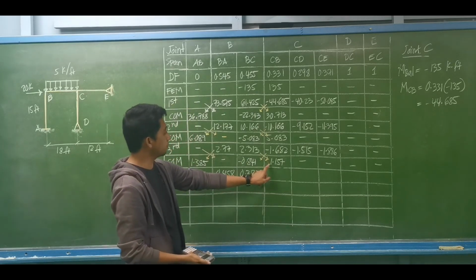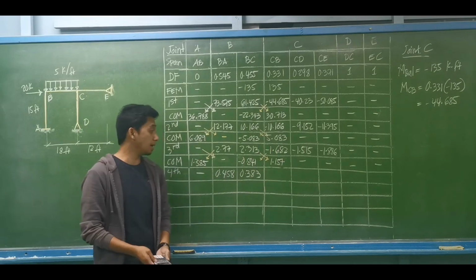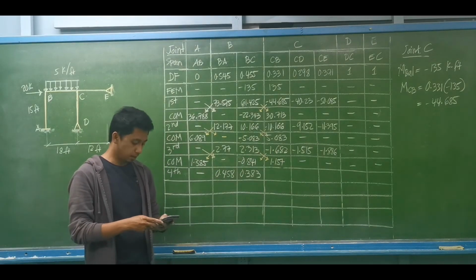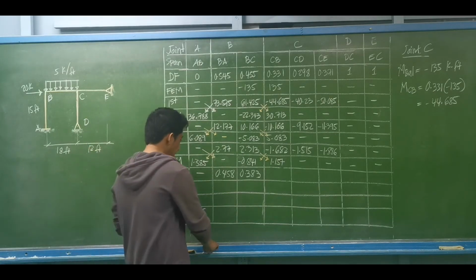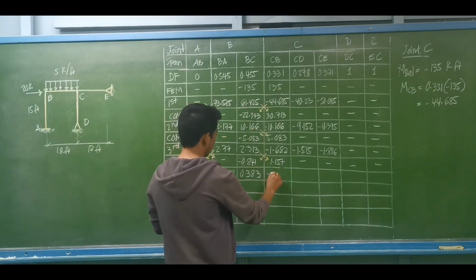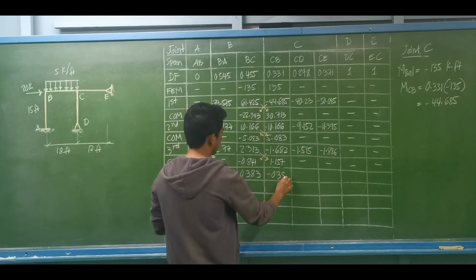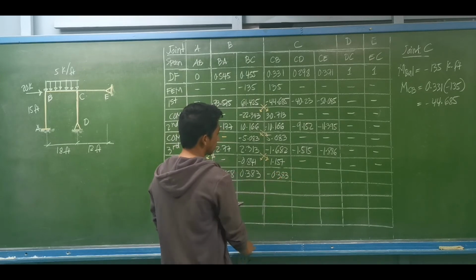Alright, and this value is positive, so to balance, use the negative. So negative 1.157 multiplied by 0.331 is a negative 0.383.